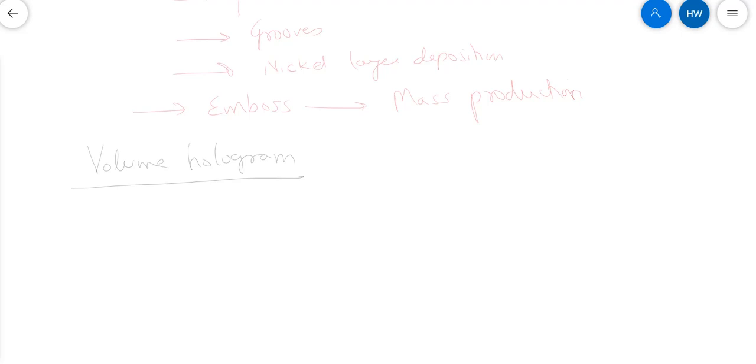So here what you have is a film thickness which is large compared to the fringe spacing, right? So you have a medium in which you are going to record the fringes in the volume of the medium, right? So recall that the fringe spacing largely depends on the wavelength. So you have the fringe spacing, and you've got a thickness of the film which is larger than that.